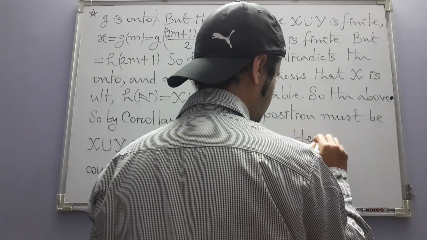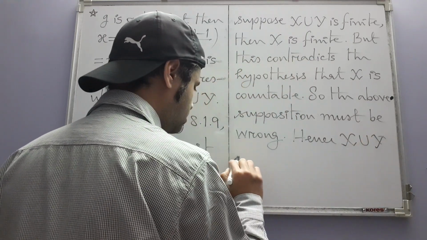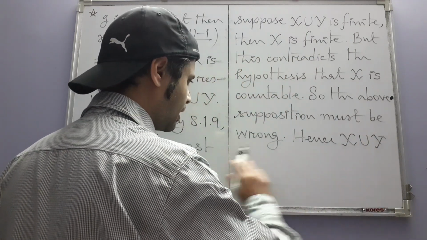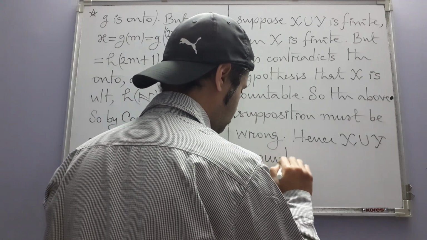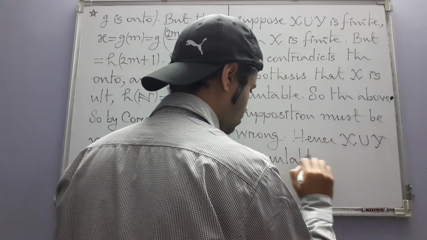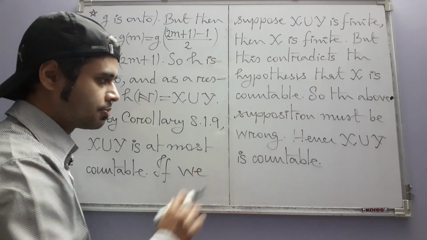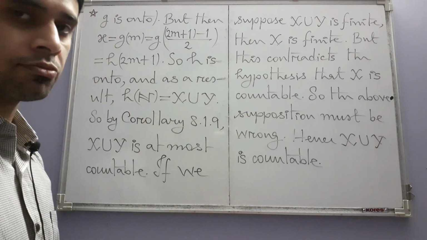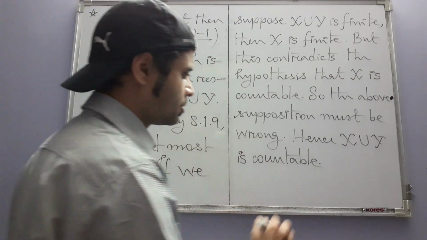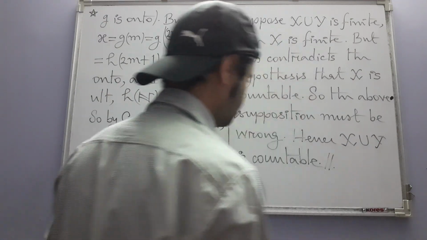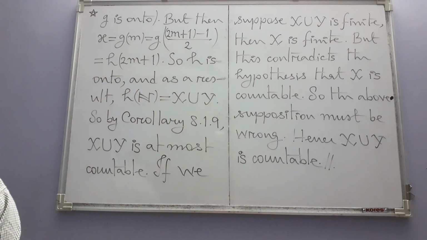Hence, I'm just directly writing the final conclusion. If you want, you can stretch it a bit more by writing that the supposition is wrong, hence x union y has to be infinite, and as a result it should be countable. So this completes the solution and the proof also. So let us now see the next one.